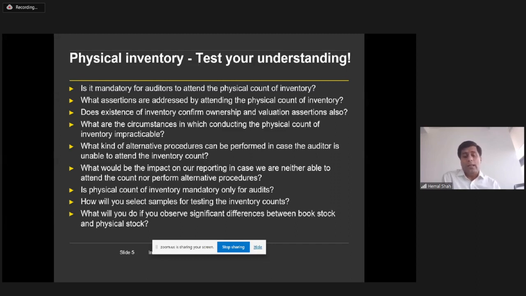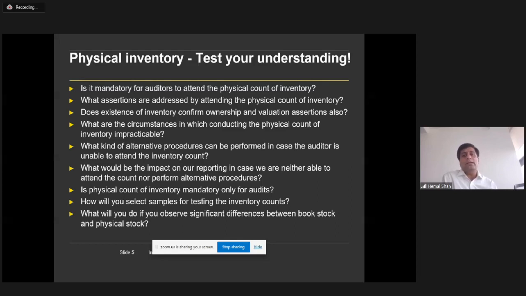Again, just to highlight, CARO talks about 10% of the inventory item. It does not say whether it is value or count, but the guidance note clarifies that 10% of value should be considered, not 10% of the quantity.